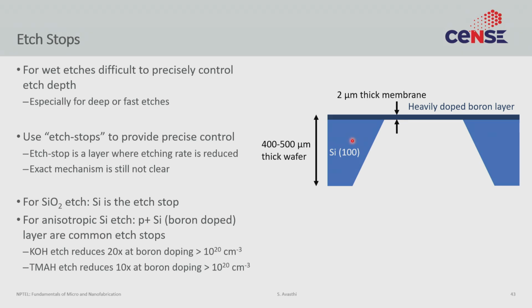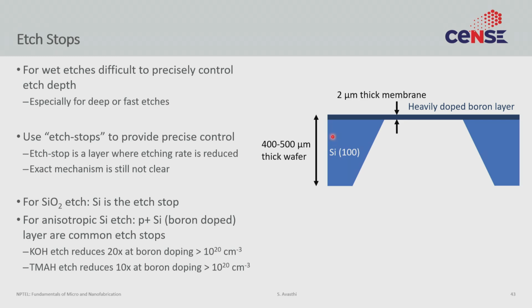If the etching times are that long, it's very, very hard to precisely stop at, say, 2 micron thickness, because you are etching 500 micron and trying to stop at exactly 2 micron. That's a very hard processing problem. So it's much more robust, and the process is much more repeatable, if it uses an etch stop rather than a timing approach.